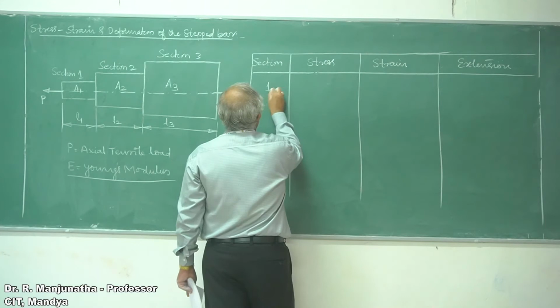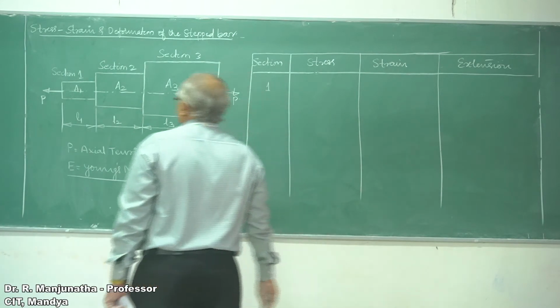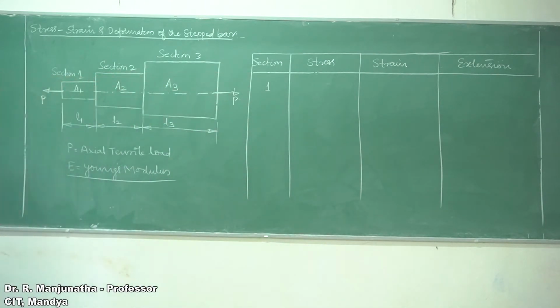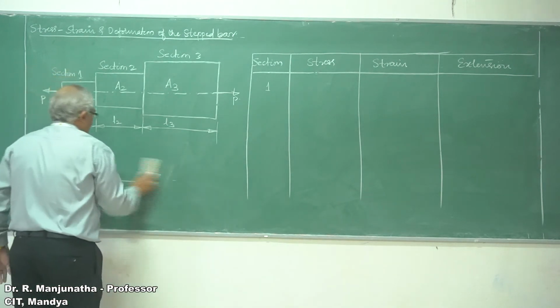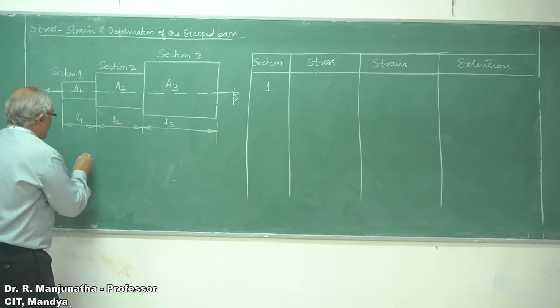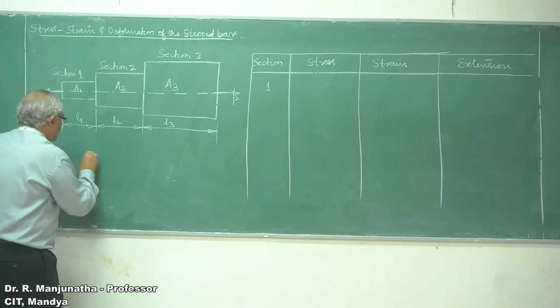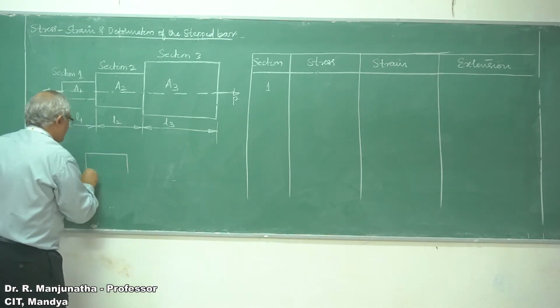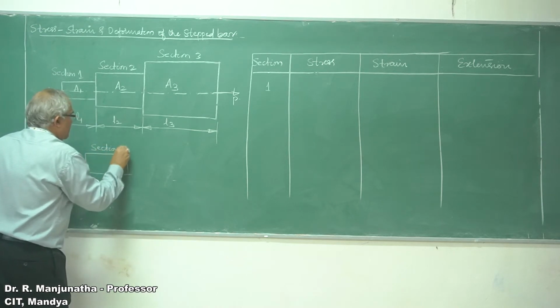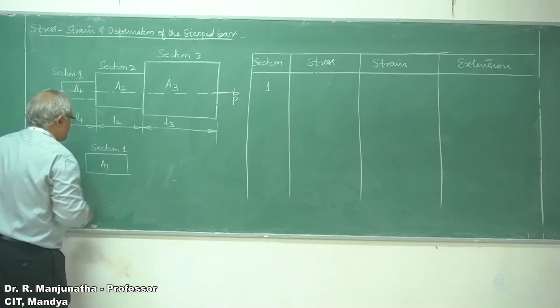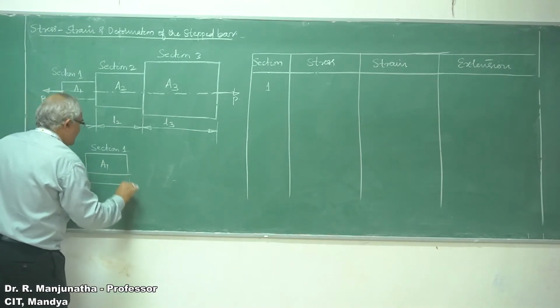What is the first section we are considering? The first section we are considering here is section 1, having the cross-sectional area A1 and the length L1.